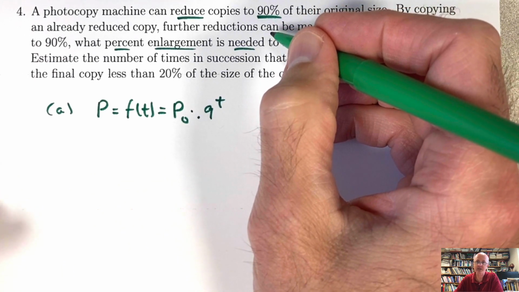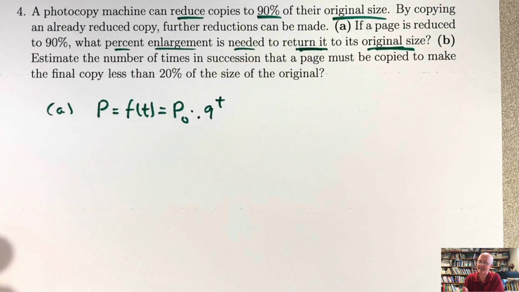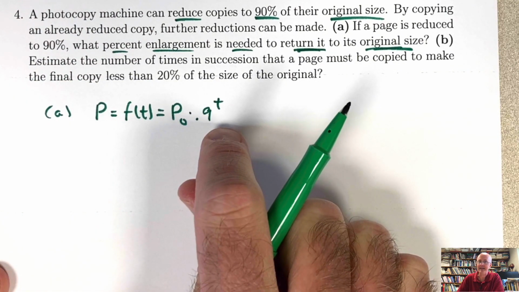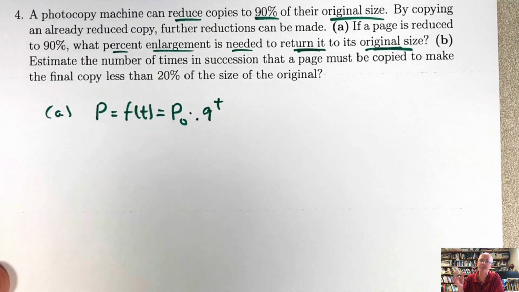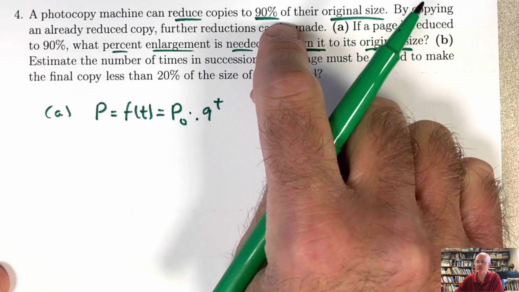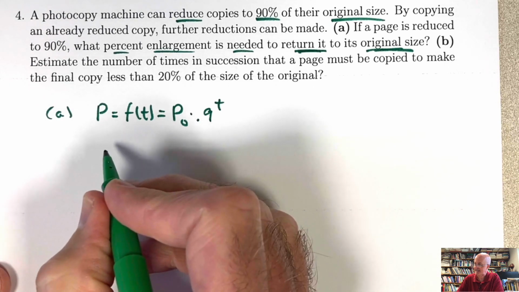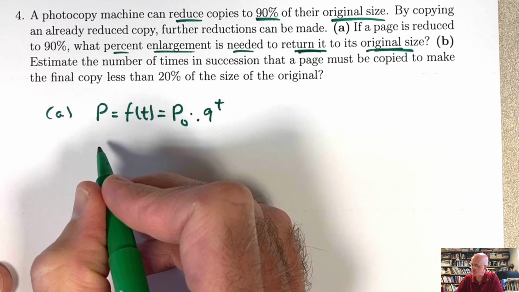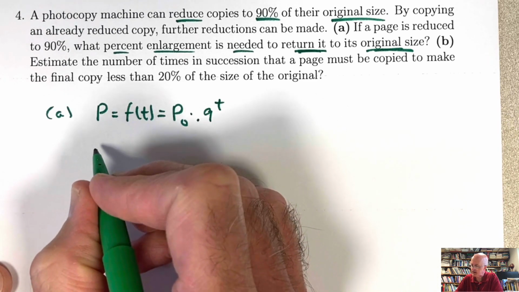This is exponential decay. For every unit in time, which in this case means number of copies you've made, the change factor is 0.9. You multiply the previous size by 0.9. That's what it means to be 90% of the original size. Okay? And we're trying to re-enlarge it back to its original size. Let's see here.